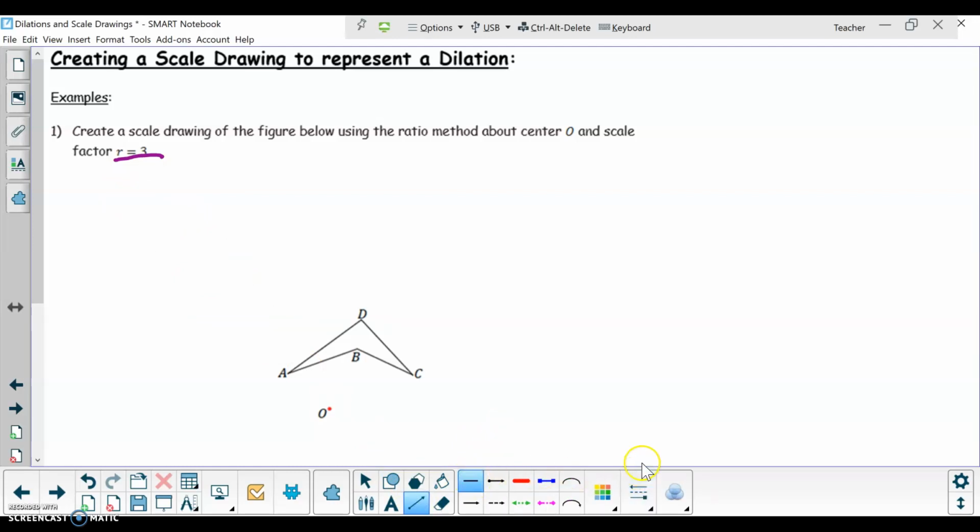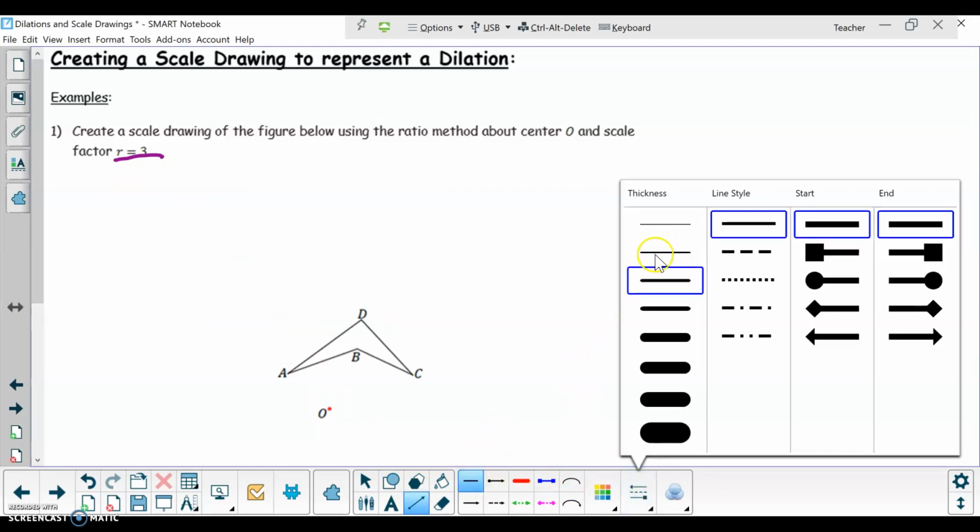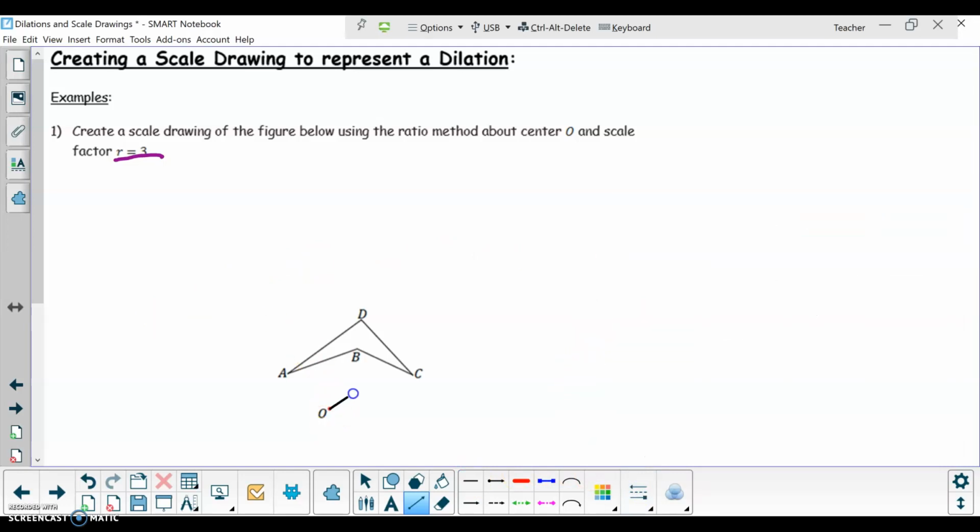Okay, so the first thing you're going to do in this construction is you're going to take your straight edge and we're going to connect the center to each vertex and draw a nice long line.